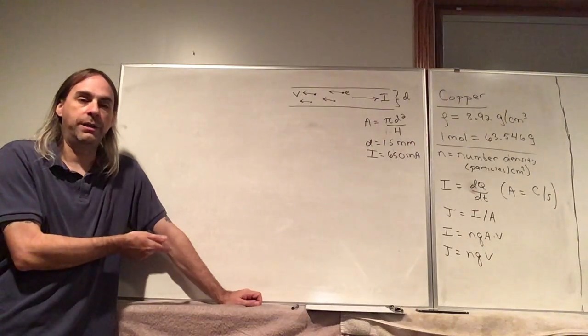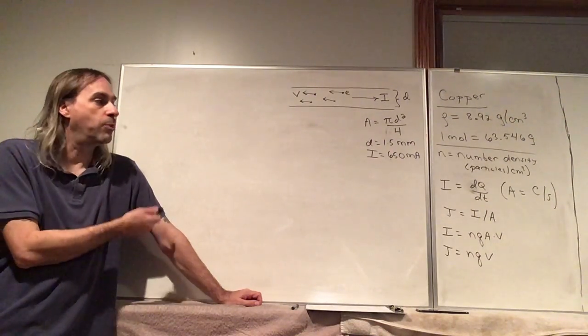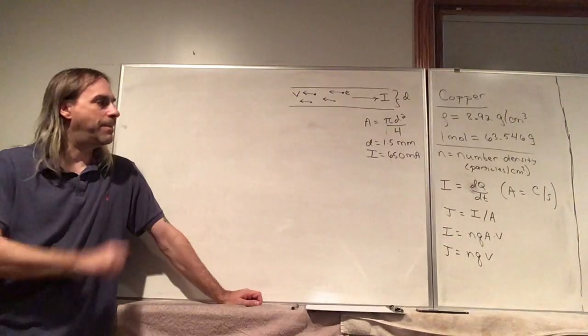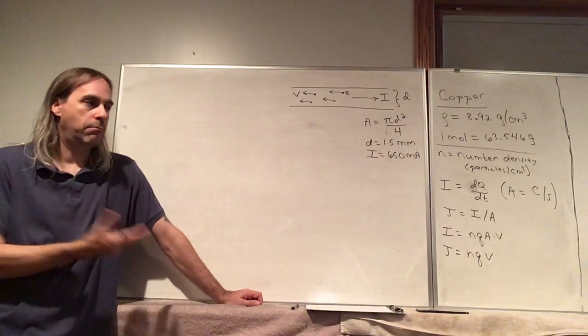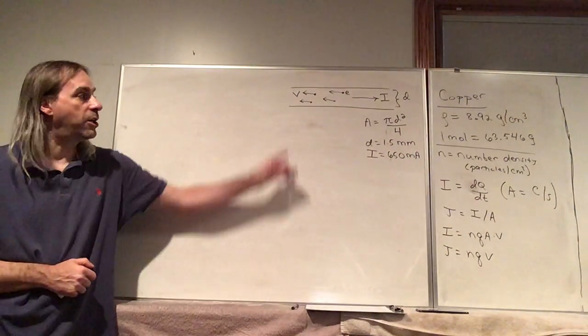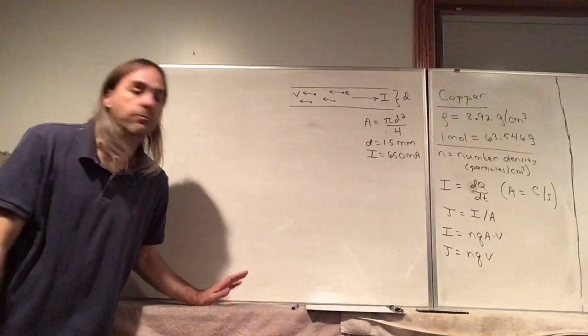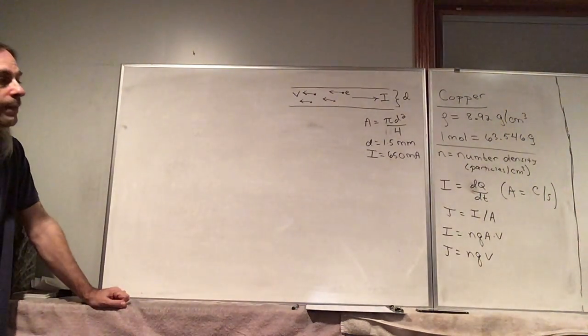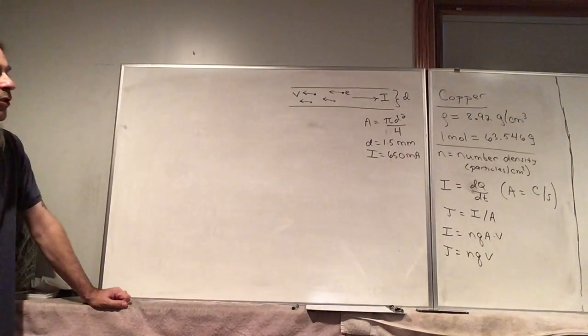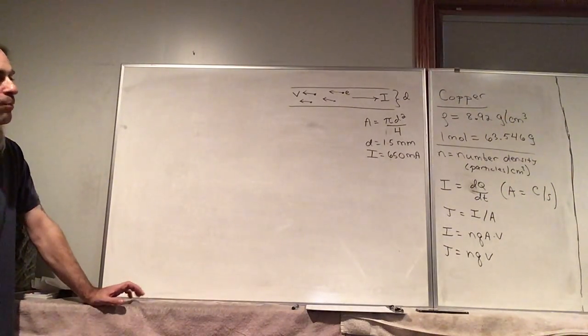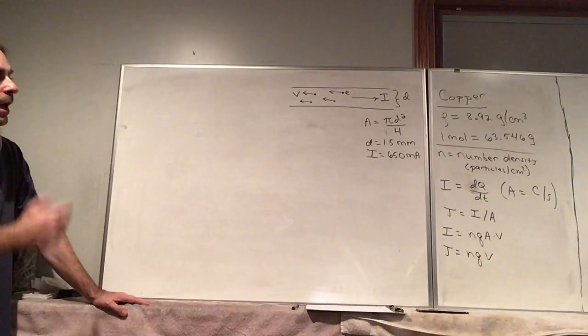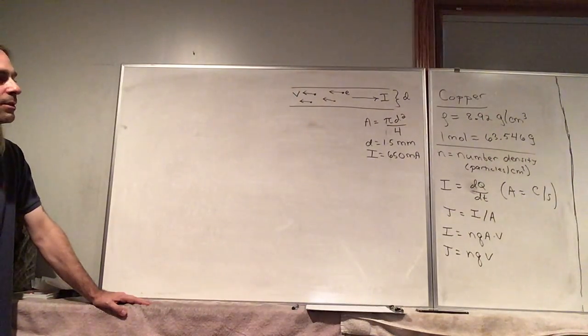And an electron is very small compared to an atom. So we might expect that these electrons are moving very quickly. We're going to find out that is not at all the case. But let's find the velocity of these charges according to this very simple model.